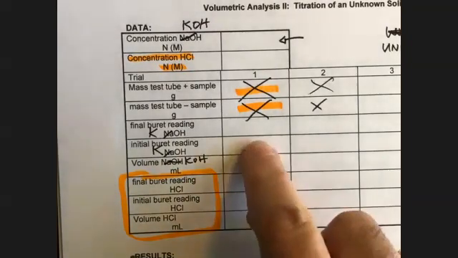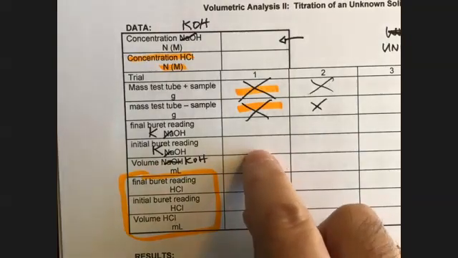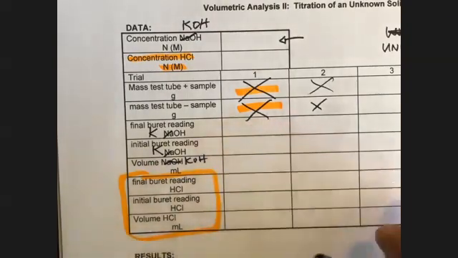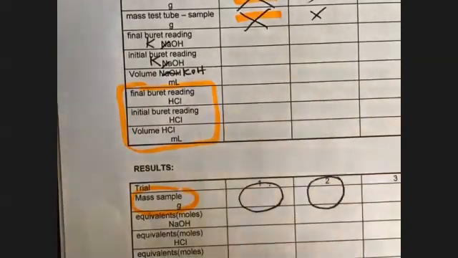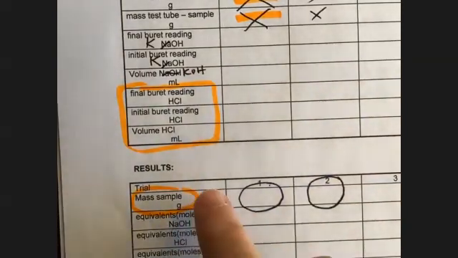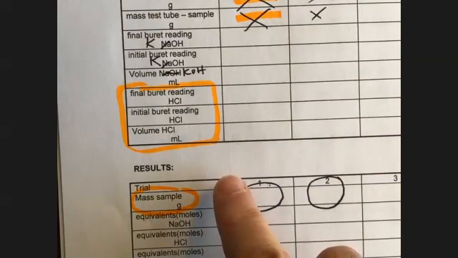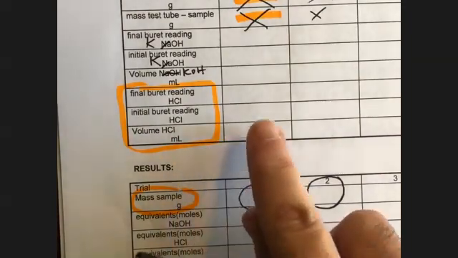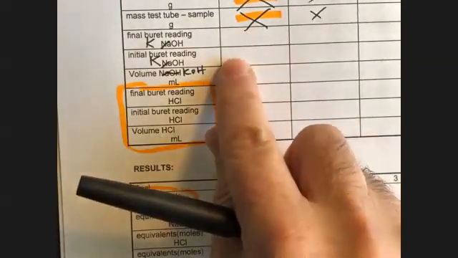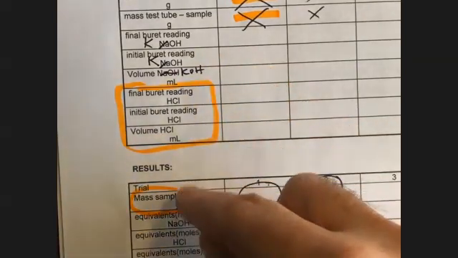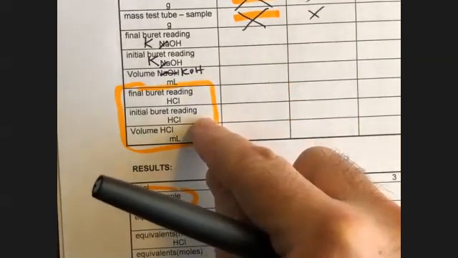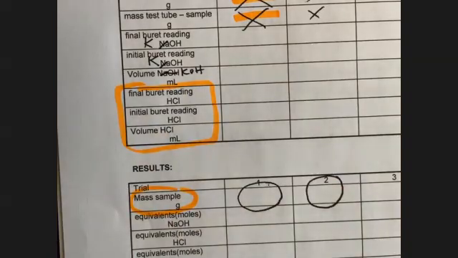And then you can continue and simply finish here, putting in the initial and final. We will use our calculations here to adjust, in other words, to figure out how much of the KOH that I added actually reacted with my acid, not with the HCl that I used for the back titration.